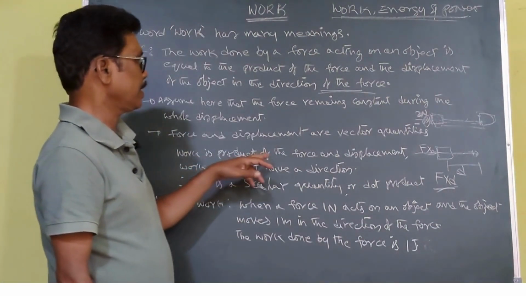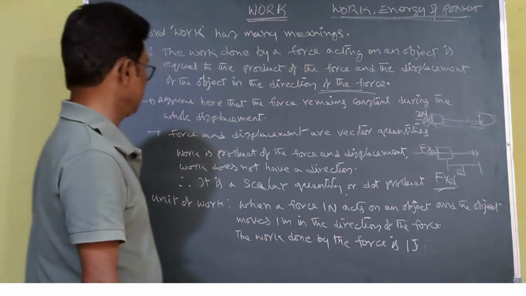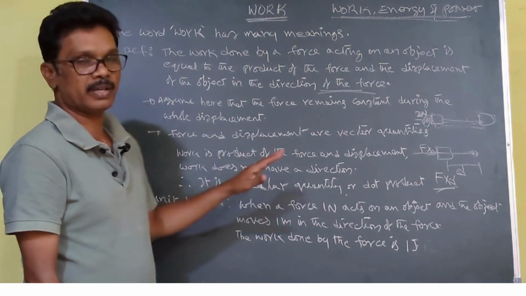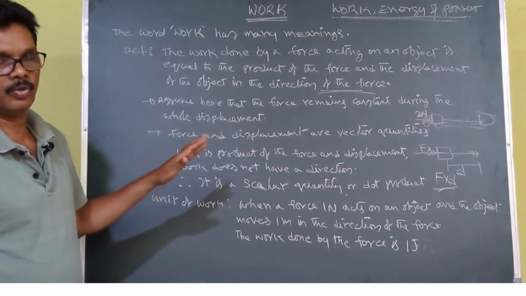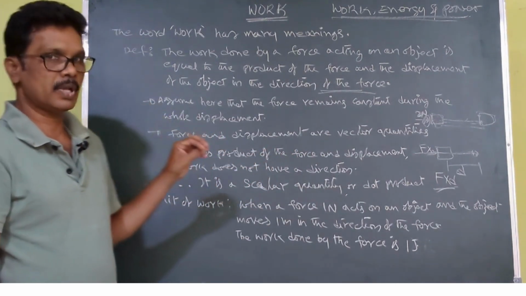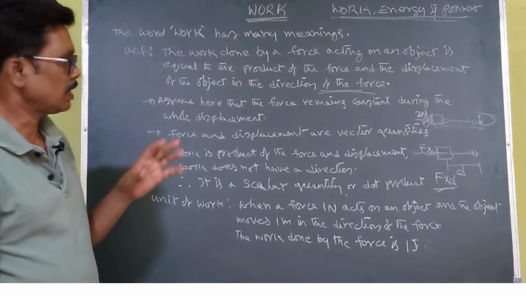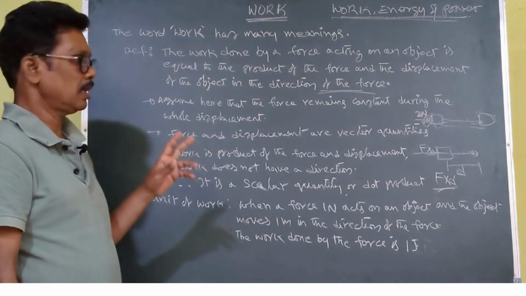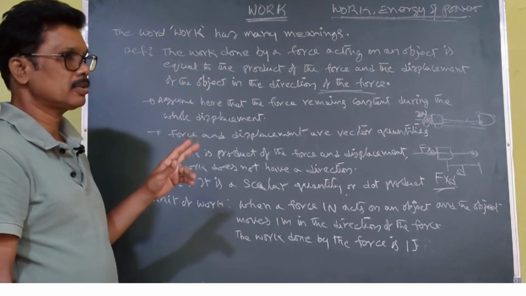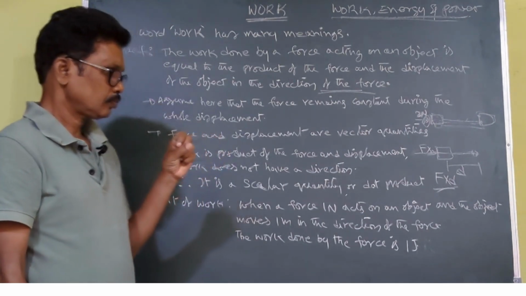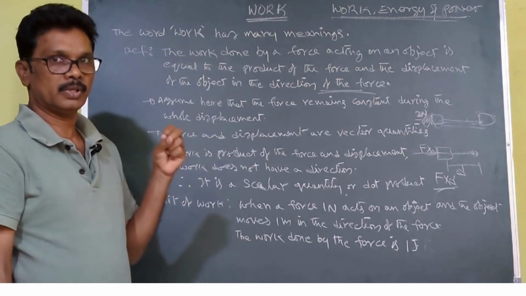One thing, work is the product of force and displacement. Work does not have a direction. Please try to understand here. Force has a direction, displacement has direction. That's why they are called vector quantities. Vector quantity means it has a magnitude and direction.